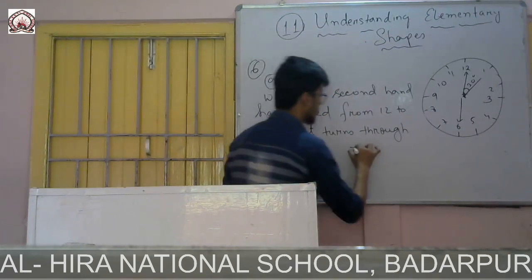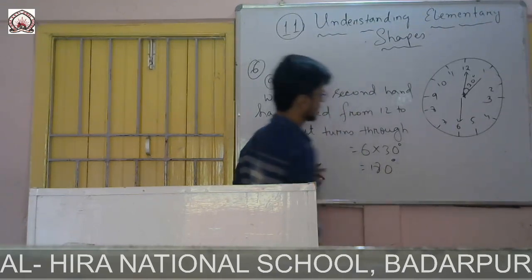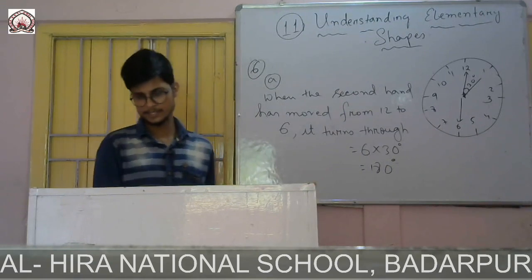How many angles? 6 angles. That means 6 into 30, as each angle measures 30 degrees. That means 180 degrees. The answer is 180 degrees.